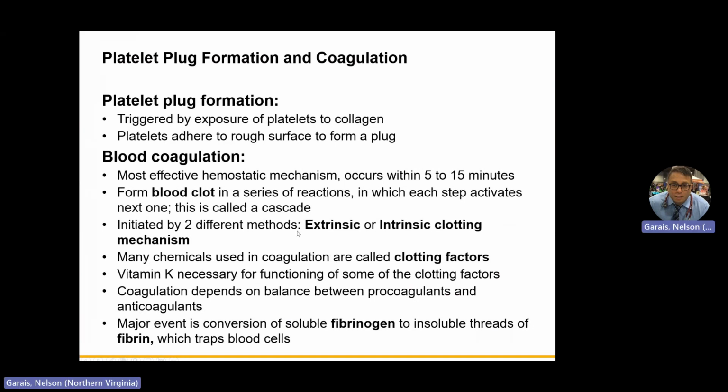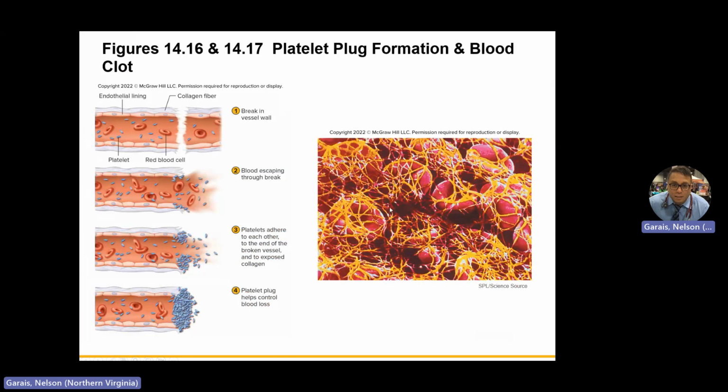Blood coagulation has both extrinsic and intrinsic clotting factors, and these factors, along with vitamin K, regulate blood clotting, so we don't have too much or too little. Fibrinogen is also part of the mix because fibrinogen is the precursor to the protein fibrin, which makes a whole bunch of insoluble threads that, along with all these platelets, make a very sticky net that prevents any significant blood loss.